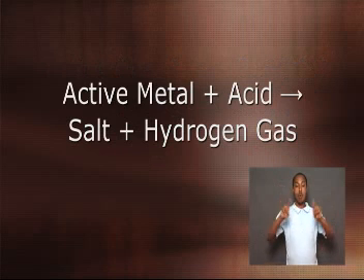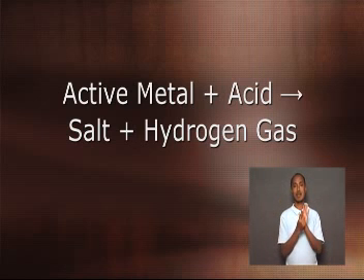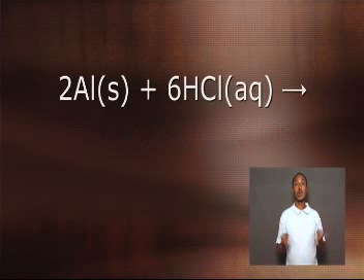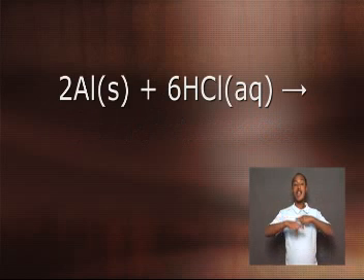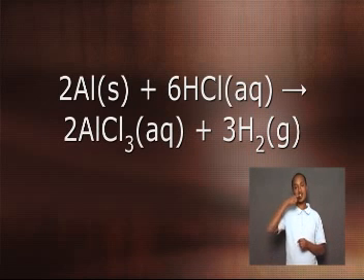When active metals combine with dilute acid, salt and hydrogen gas are formed. Let us look at several examples. When aluminium and hydrochloric acid react, they produce aluminium chloride and hydrogen.